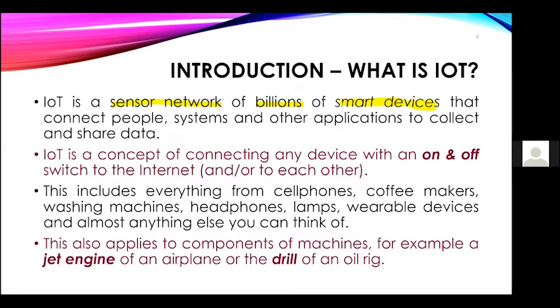This also applies to components of machines. For example, a jet engine of an aeroplane or the drill of an oil rig may also be connected or controlled with the Internet of Things.